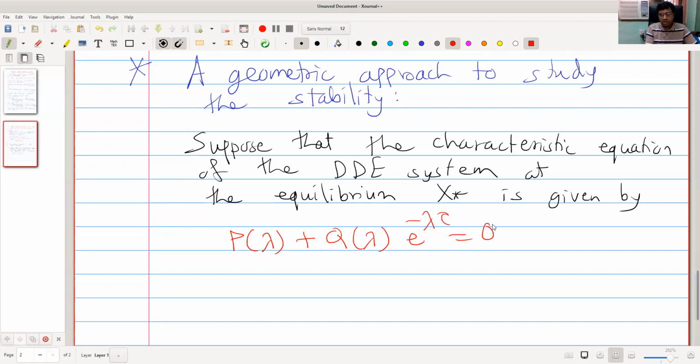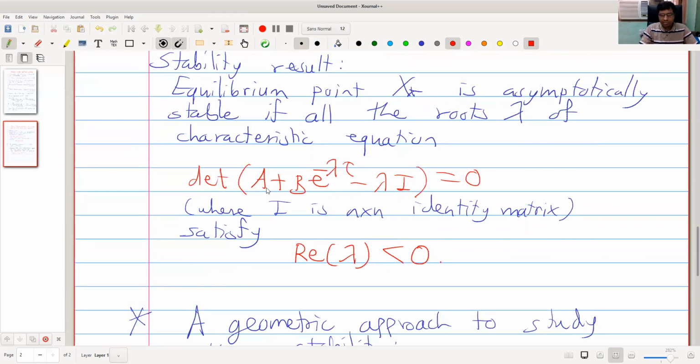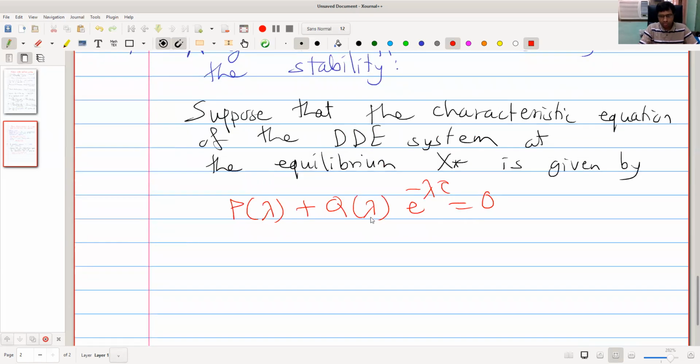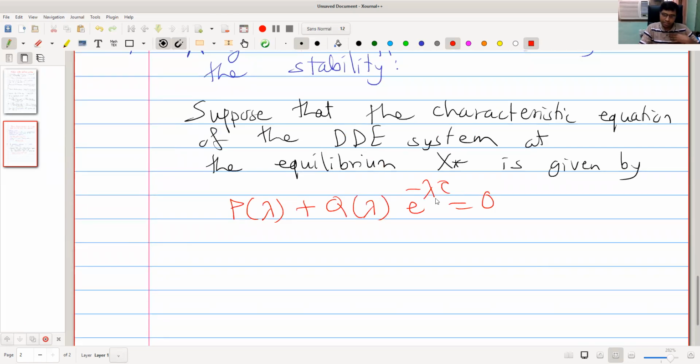Note that this determinant of A plus B e raised to minus lambda tau minus lambda I equal to 0 may have this form. In general, we may have some additional terms of the form, say, e raised to minus 2 lambda tau, for example.